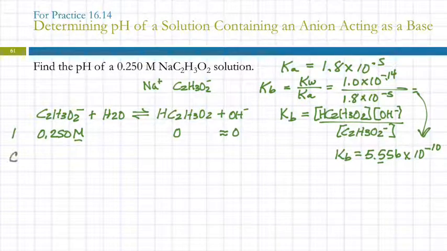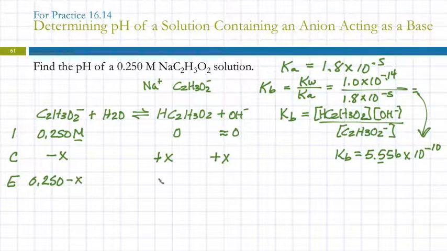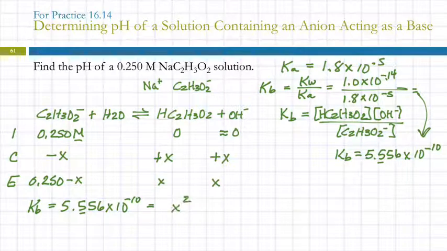So I'm doing my ice table here. This is going to go down by x, this is going to go up by x, and this is going to go up by x. At equilibrium, I've got 0.250 minus x, x, and x. So my Kb, 5.556 times 10 to the minus 10 is equal to x squared over 0.250 minus x.